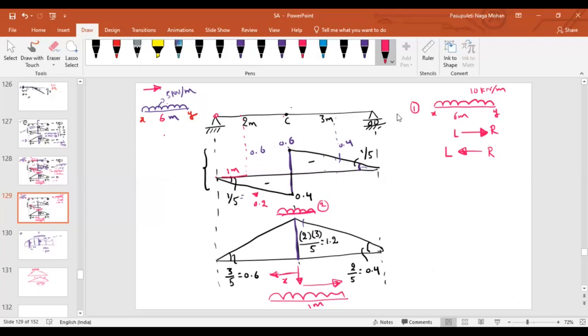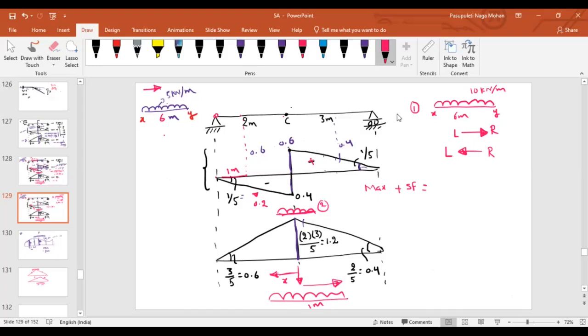Now, if I want to get the maximum positive shear force, can you tell me where I should place my load?